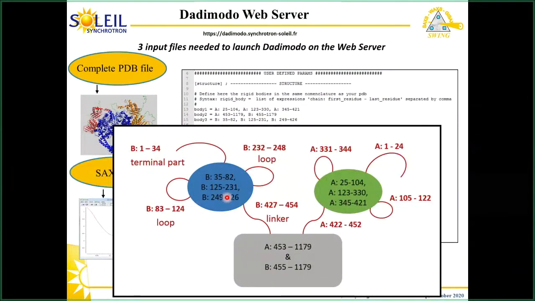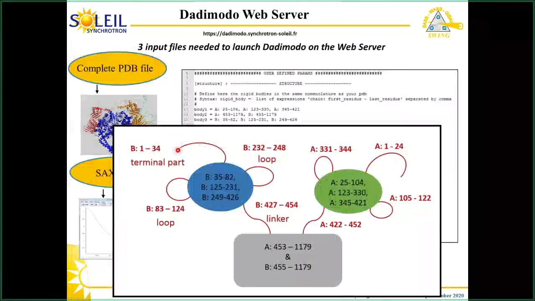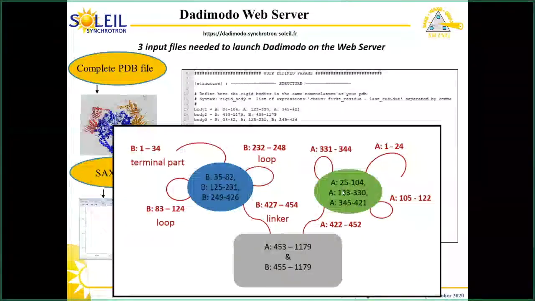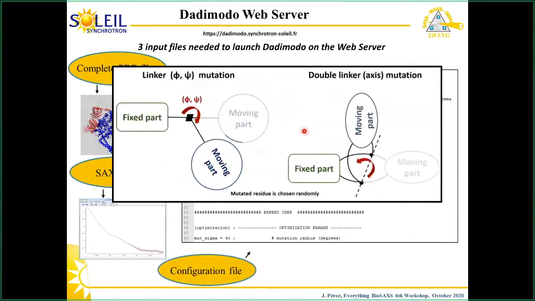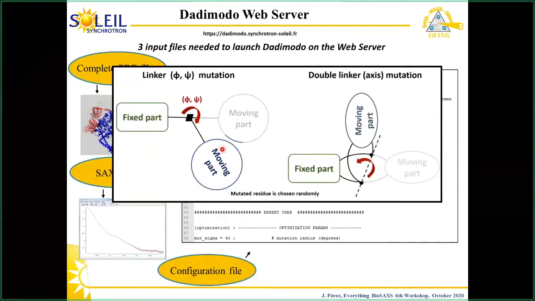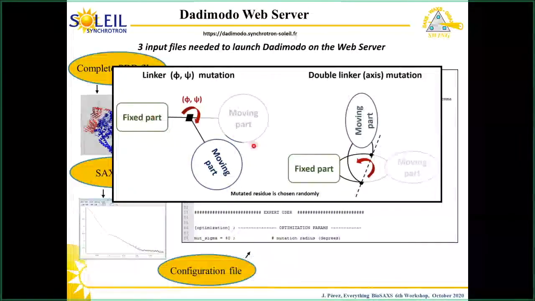So once you have input the composition of the rigid domains, the program itself will deduce what are the flexible parts, the unknown parts, and will try to mutate them, to change their orientation. So there are two kinds of movement that are allowed throughout the process. The first movement is a phi-psi change in a given residue, which then results in a single angular change of one domain with respect to another one.